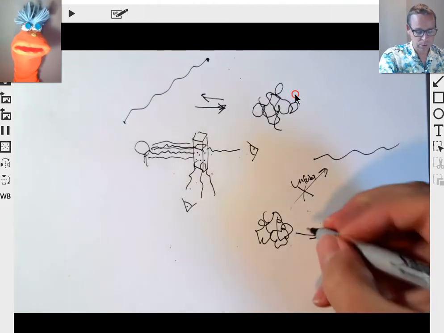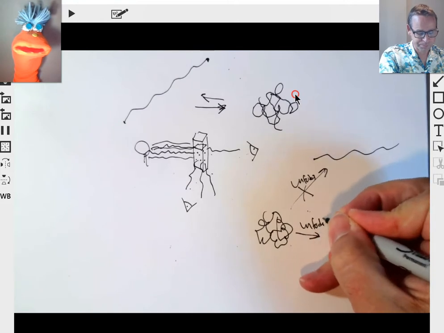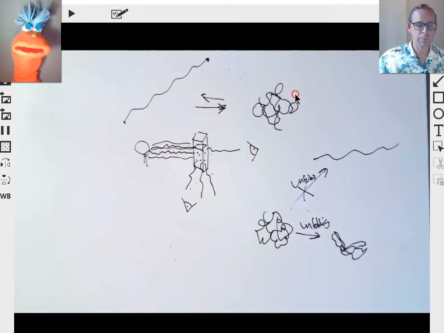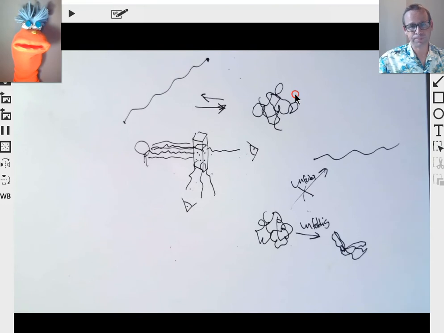Okay, so unfolding. We're going to monitor fluorescence as we unfold a protein, and we're going to add a denaturant. The two most common denaturants are called urea and guanidinium hydrochloride, or guanidine, right?